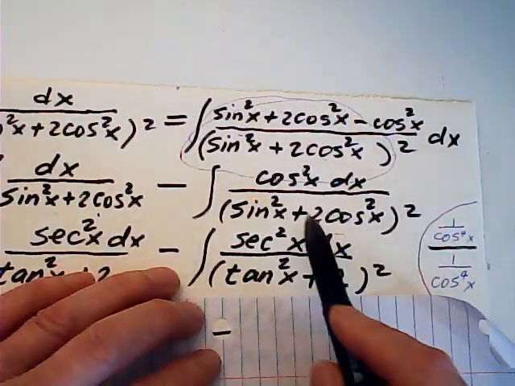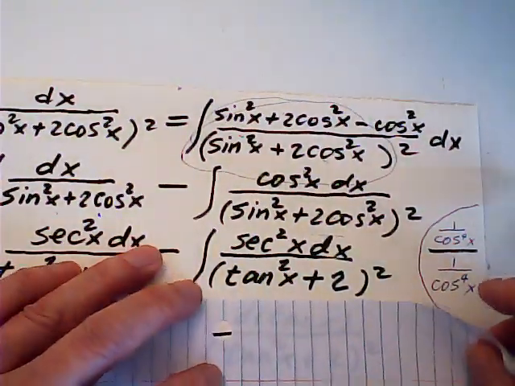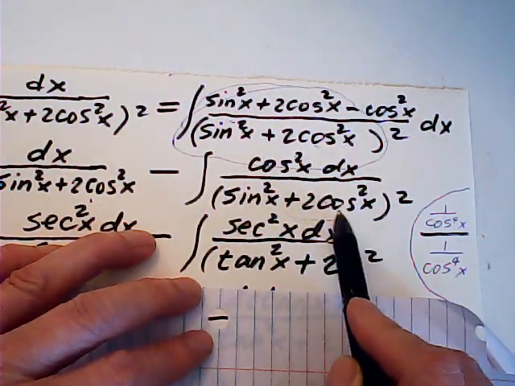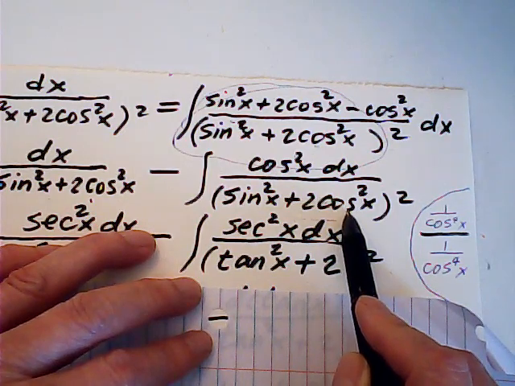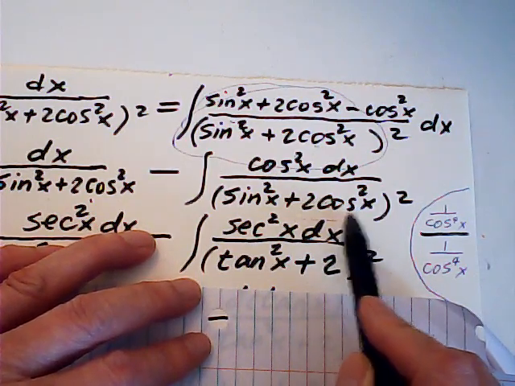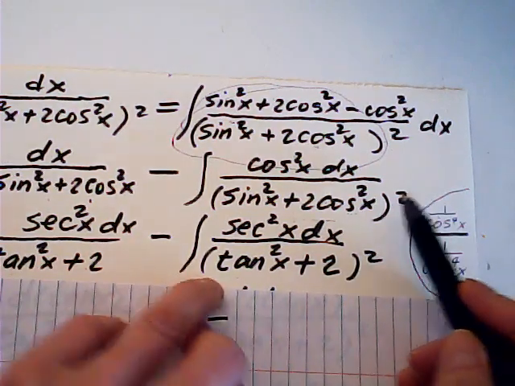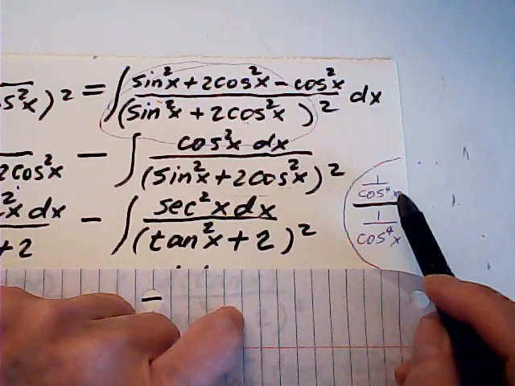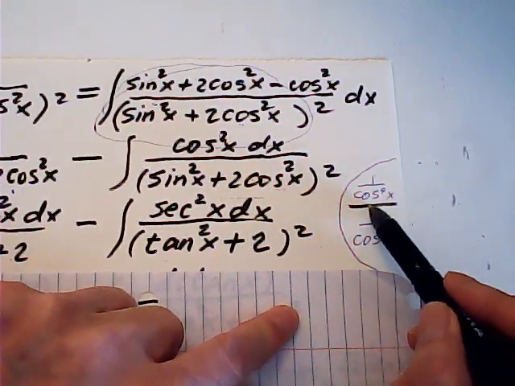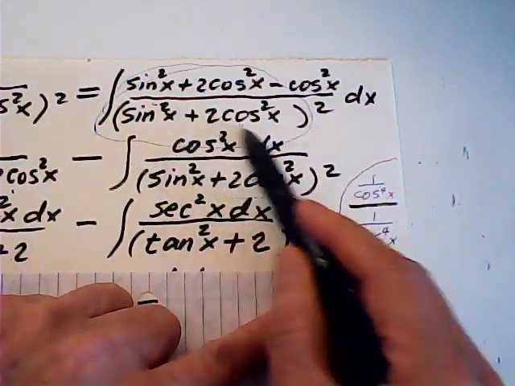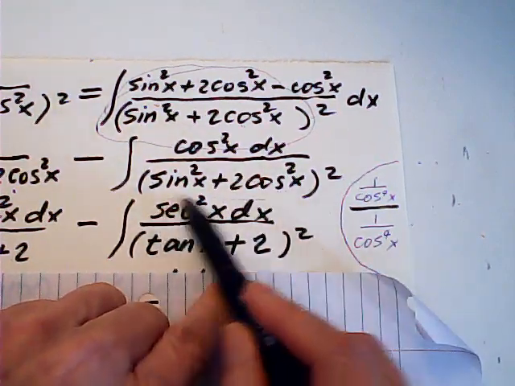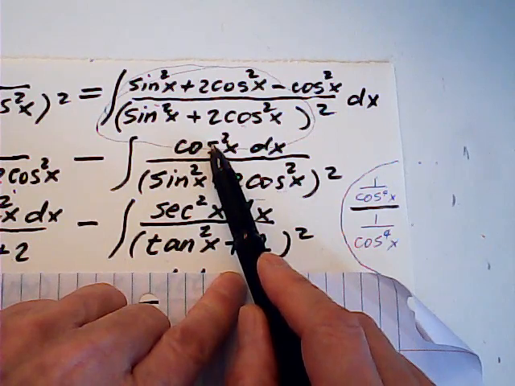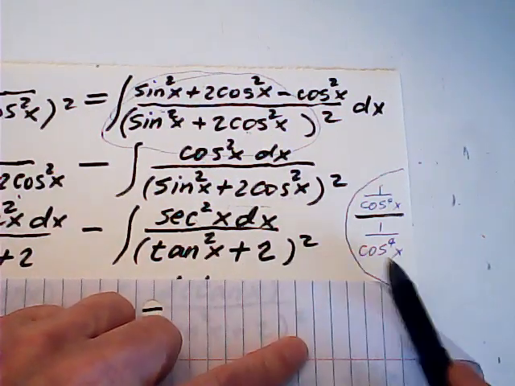And similarly, here I multiply by 1 over cosine fourth for the numerator. It becomes this. Because this one times this one is 1 over cosine squared, which is secant squared.